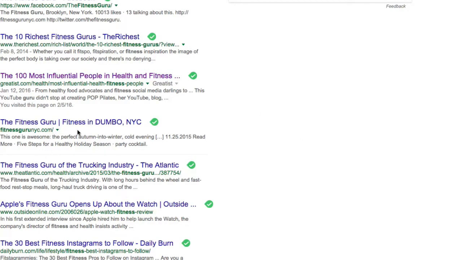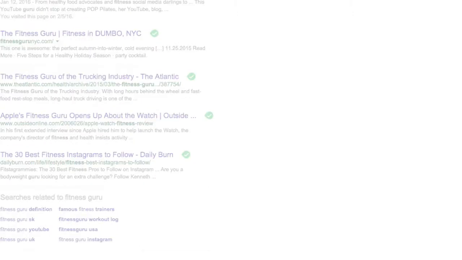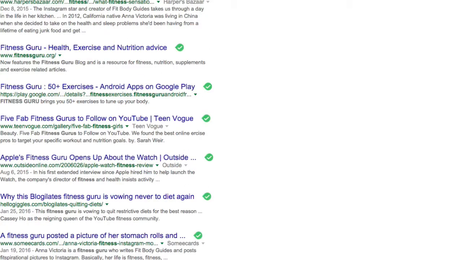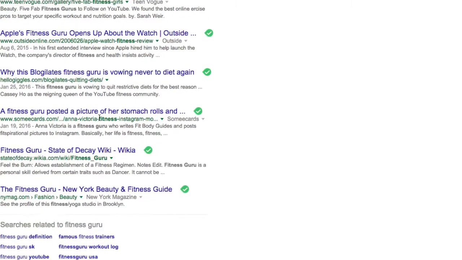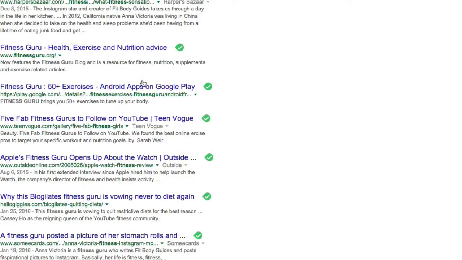Keep looking around for the different ones, and we'll see the fitness guru gear. Let's see what else we can find. There's Gurana Victoria. All right. Okay. Well, let's see. I think that gives us enough names to at least allow me to demonstrate what we're going to see here in the Power Editor.